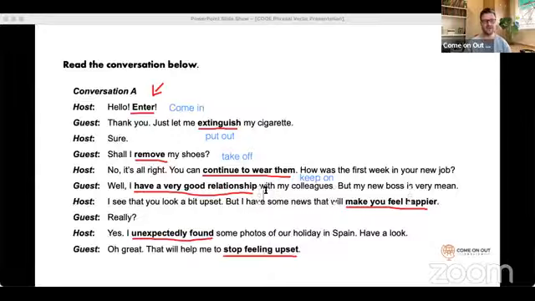To have a good relationship with. I'm going to give you the verb, the doshi. You give me the preposition, the zenchishi. So the verb is get. What do you think is the zenchishi, the preposition we can use that means have a very good relationship with?